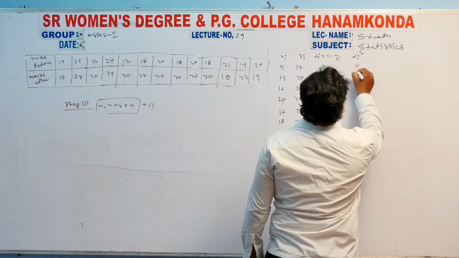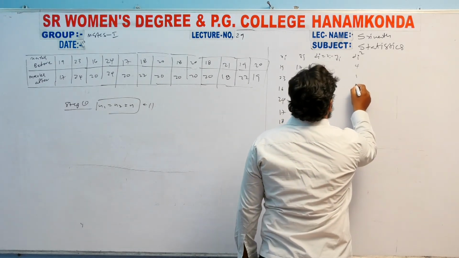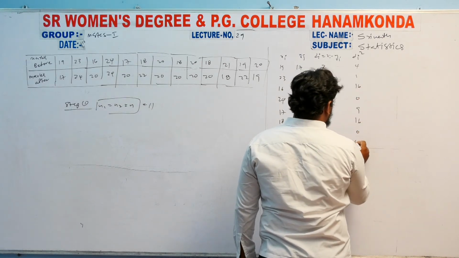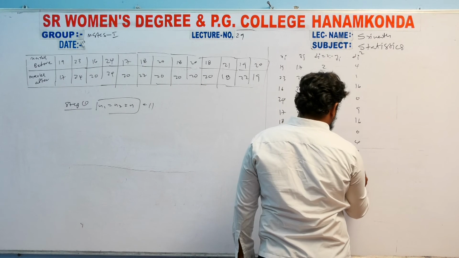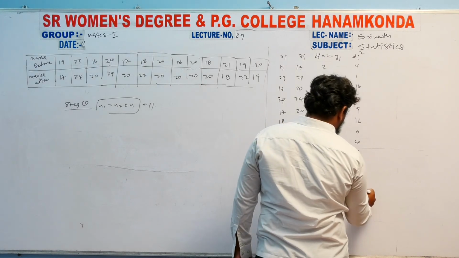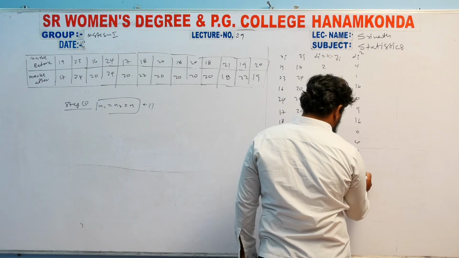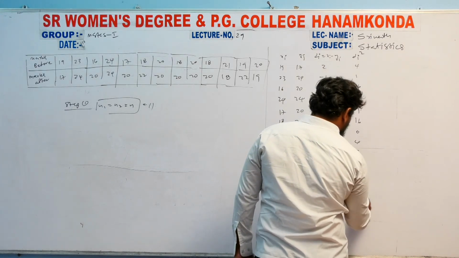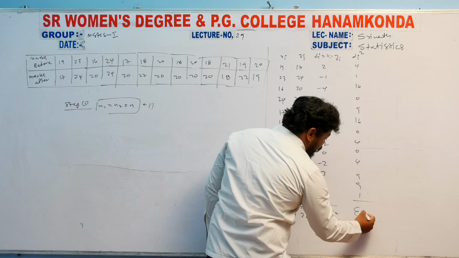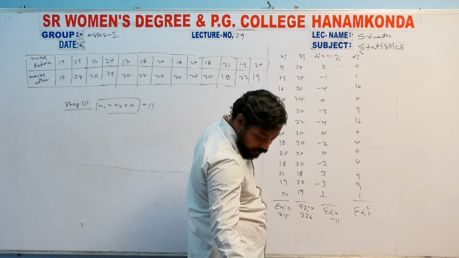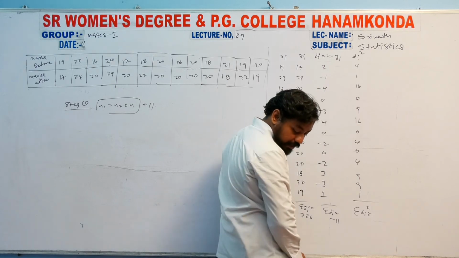So here 4, 1, 16, 0, 9, 16, 0, 4, 0, 4, 9, 9, 1, 9, 9, 1. So here summation di square is equal to 169.